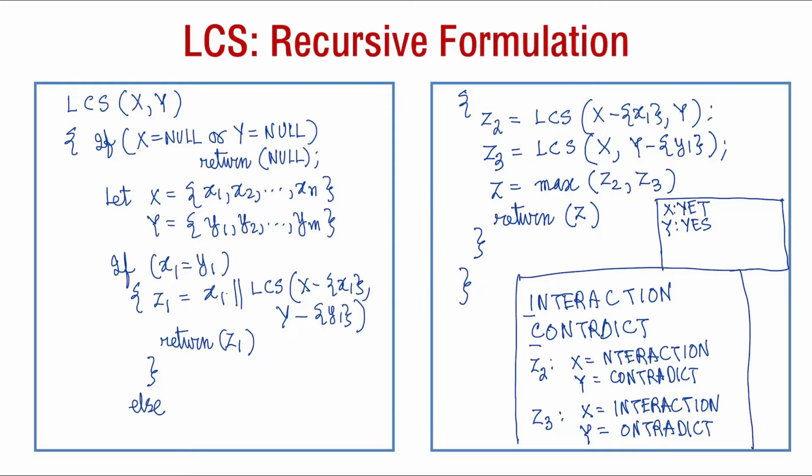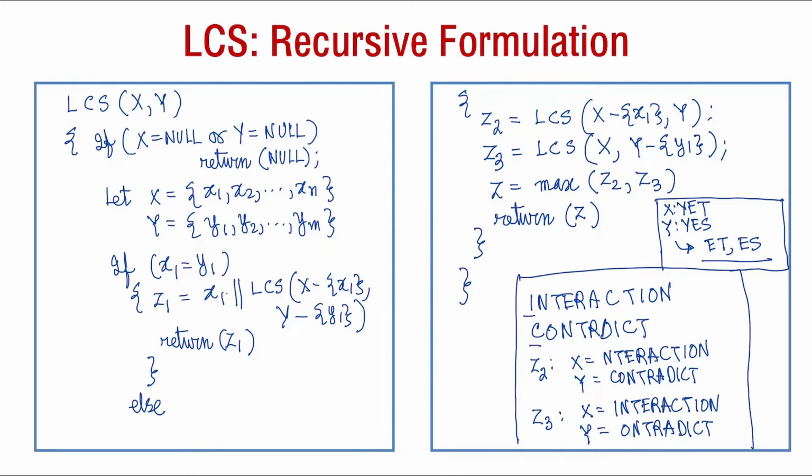Then, since the first characters have matched, we would not need to compare anything else. We would then try to find the longest subsequence between ET and ES, and whatever the result, we would concatenate with y, and that would be the longest common subsequence. So these are the three cases.